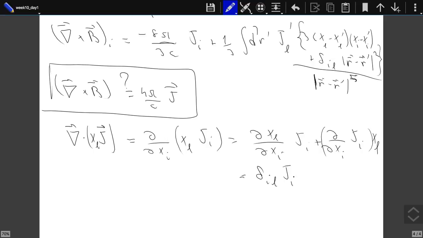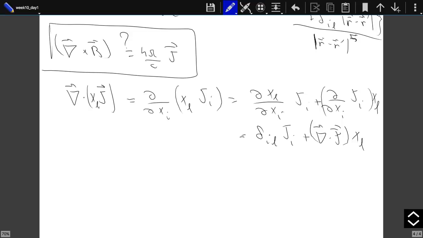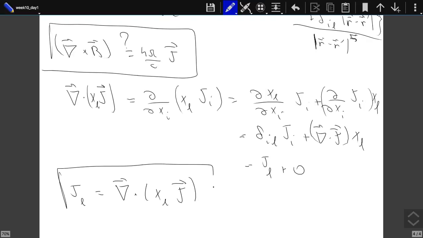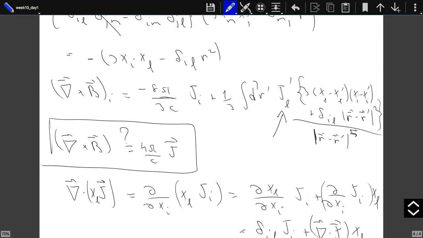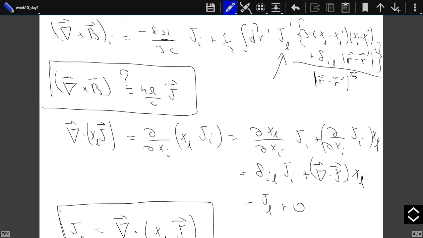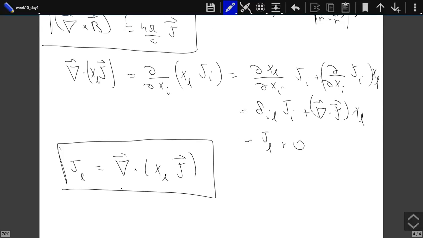This will be equal to Kronecker delta i l J_i, plus the divergence of J times x_l, which will be equal to J_l plus 0. So J_l, the l component of J, I can write it as the divergence of x_l times J. I should put it over here. Now I have the derivative.